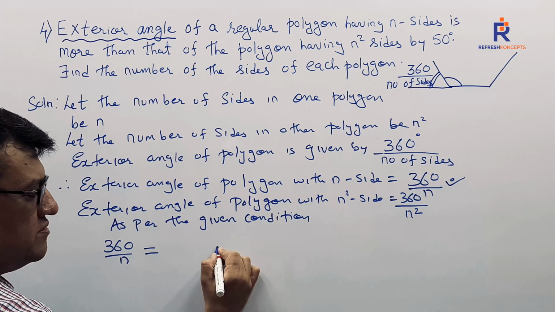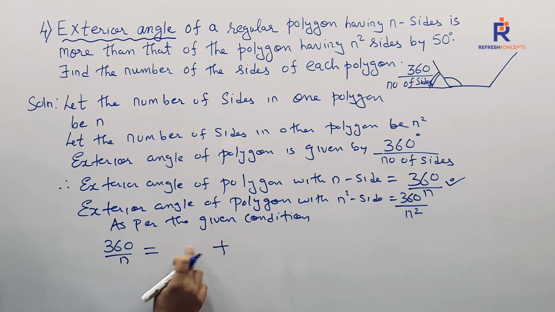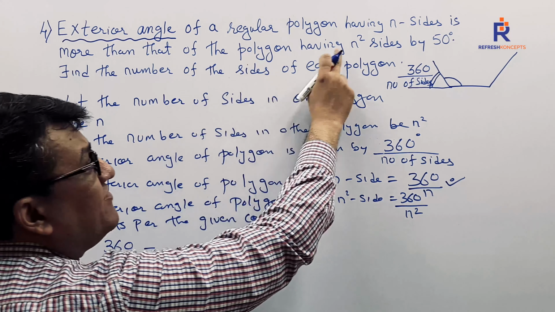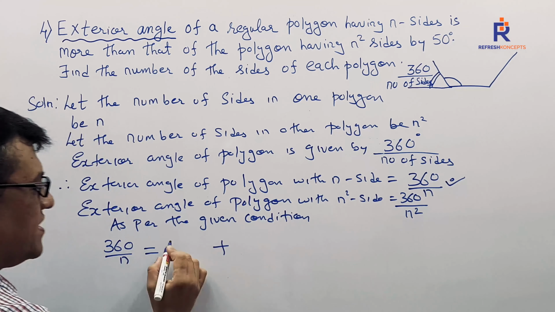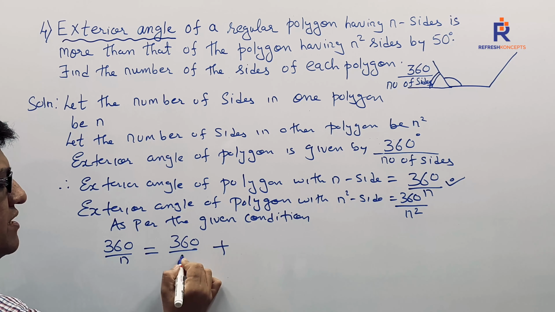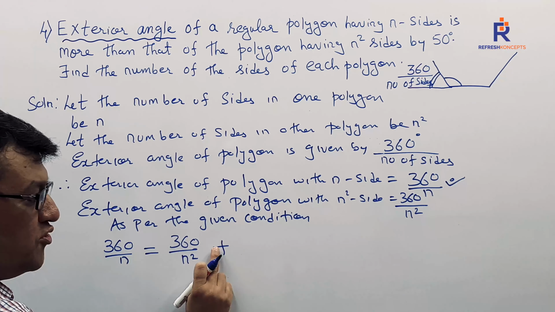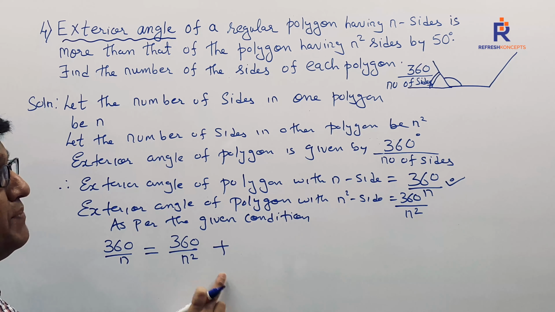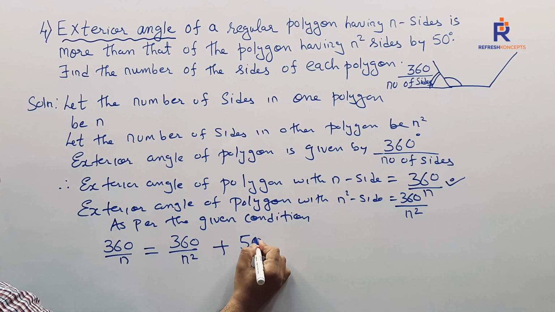More, then we go ahead of the sign. The polygon having n square sides, that means they are talking about the exterior angle of the polygon having n square sides, 360 by n square. By, we always go behind the sign. Beyond that, 50 degree.